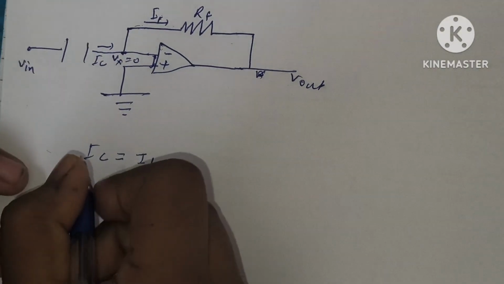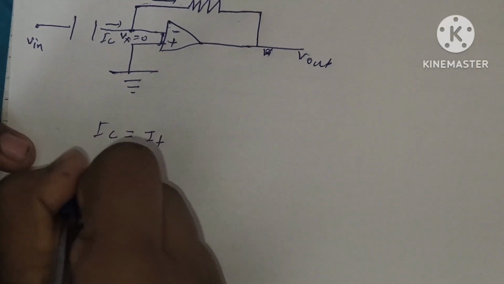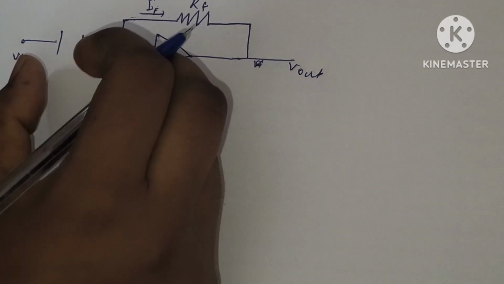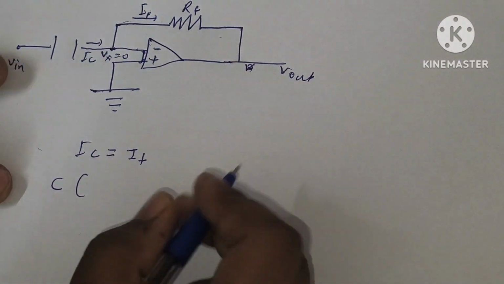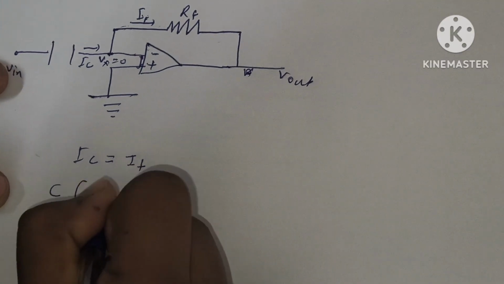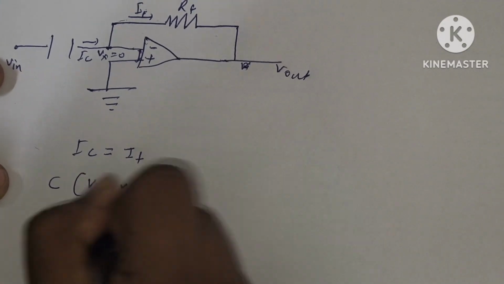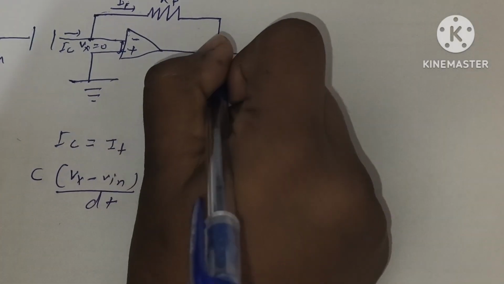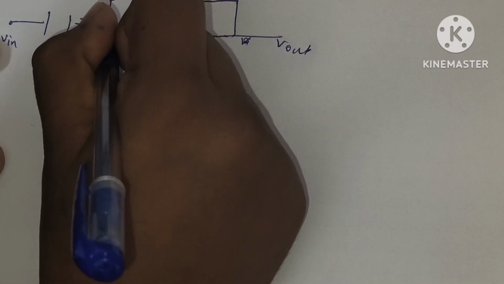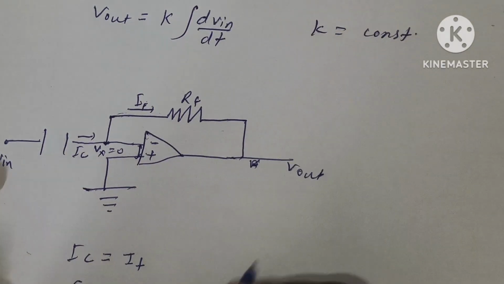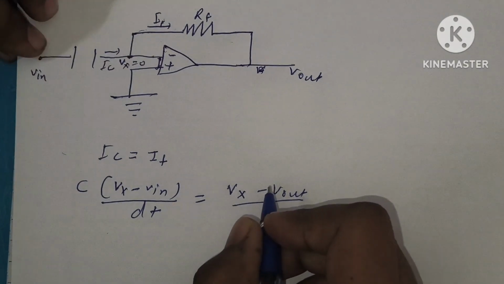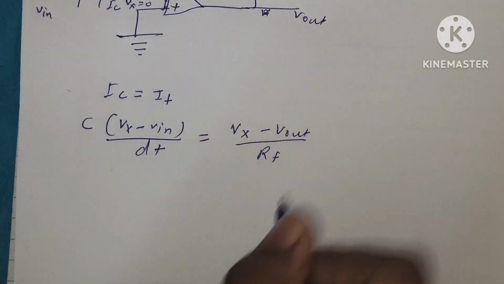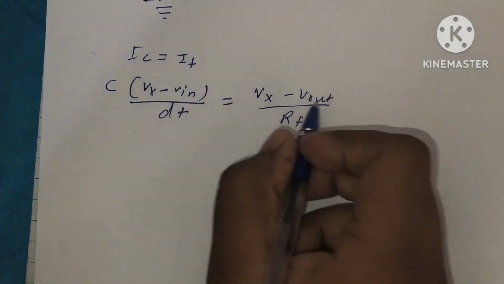Now IC, as you know, is the current through the capacitor, C times the change in the voltage between the terminals of the capacitor, which is d(Vx minus V in) by dt, and it is equal to the potential difference of Vx and V out, Vx minus V out, over the feedback resistance.